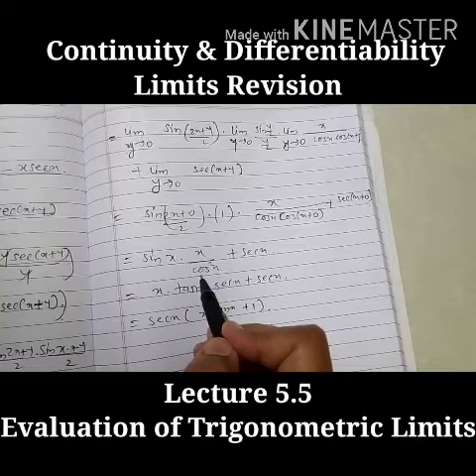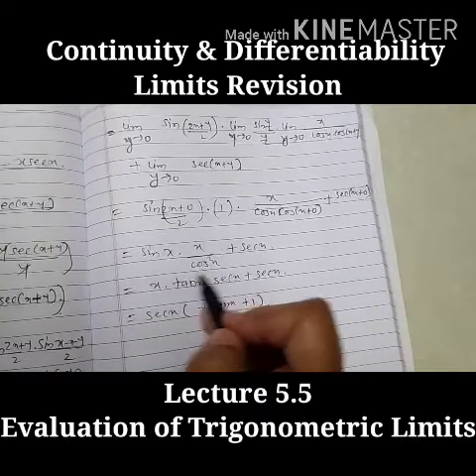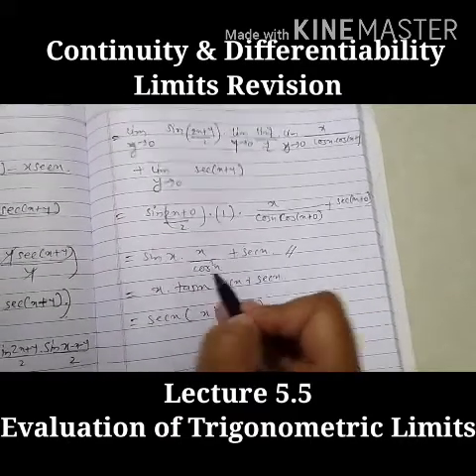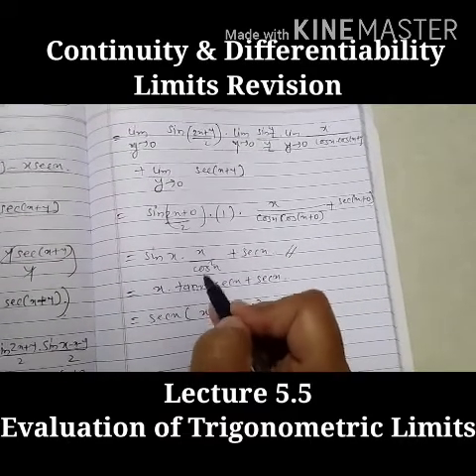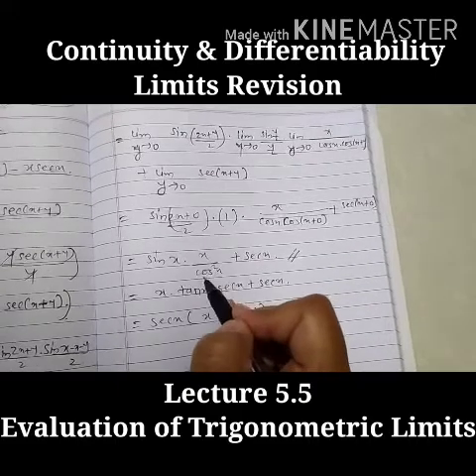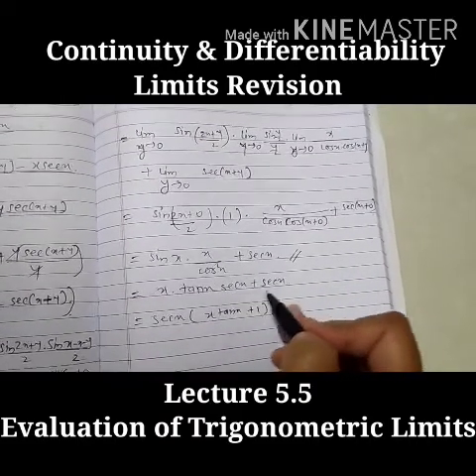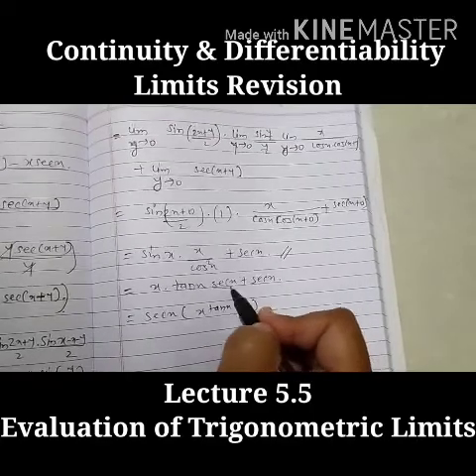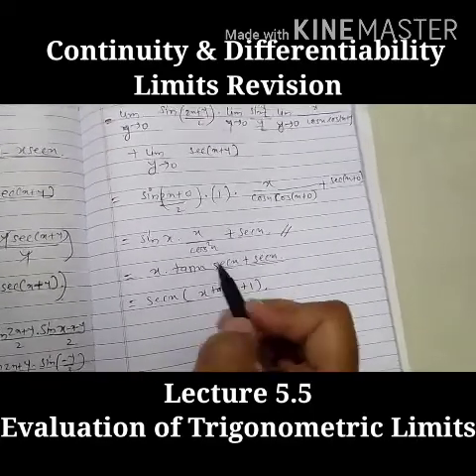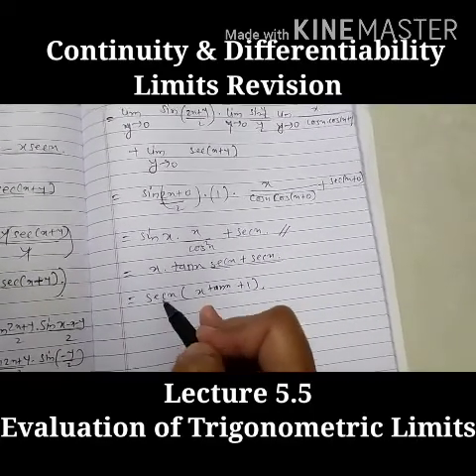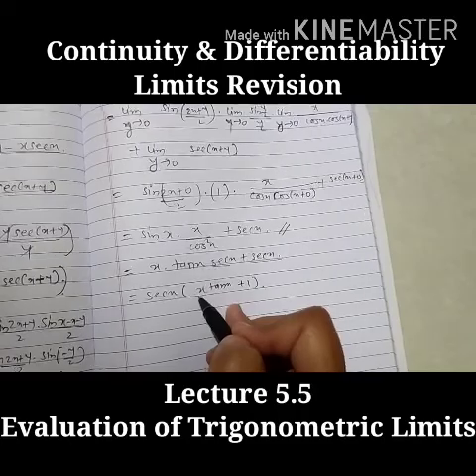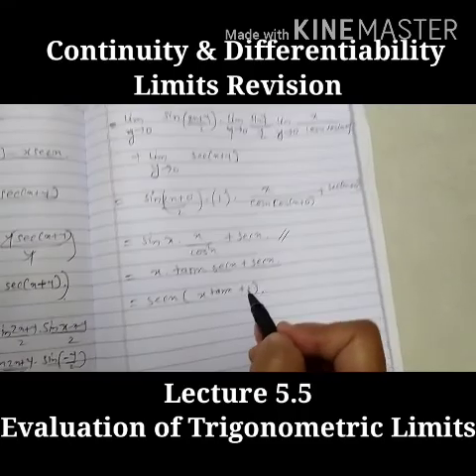If you keep this as it is, no problem, but we know that sin by cos is tan, so we have written tan, and 1 upon cos we can write as sec x, so it is x into tan x into sec x plus sec x. Sec x is common here, so we took it outside, so it is sec x into (x tan x plus 1). Understood?